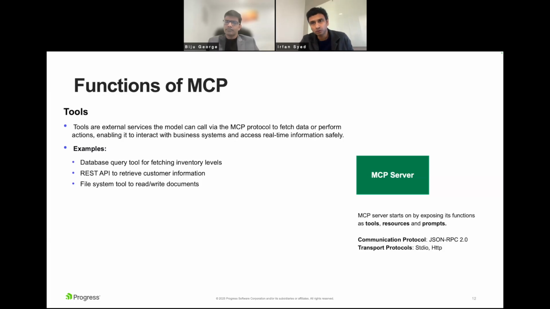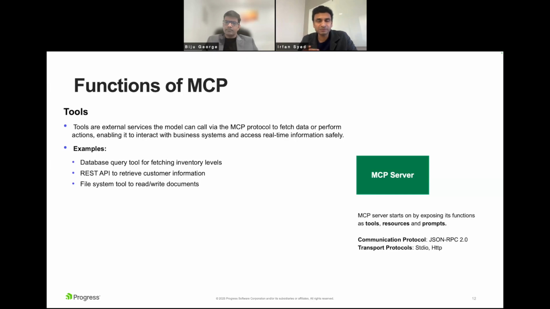Now, I mentioned tools, resources, and prompts. Let's go into each one of them. What are tools? Tools are nothing but external services that the model can call via the MCP protocol to fetch data or perform actions. They enable it to interact with business systems to access real-time information securely and safely.